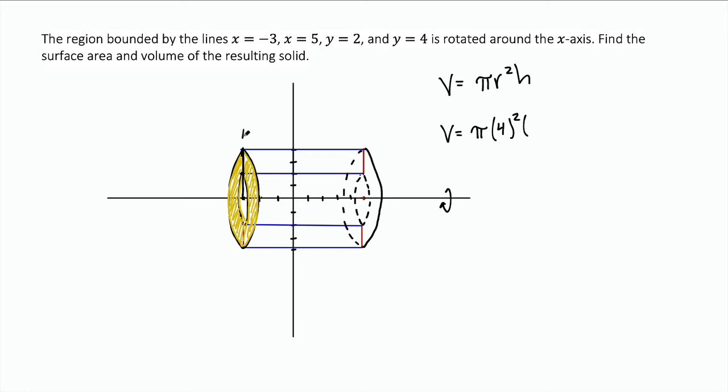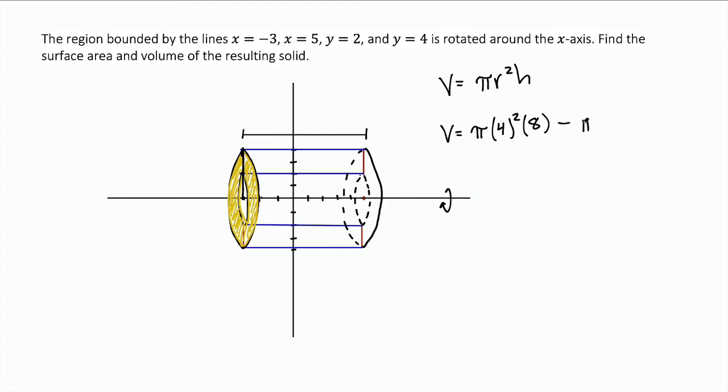The height of this cylinder is the distance between our x values, from -3 to 5. That's a distance of 8. Now that's the volume of the larger cylinder, but we're cutting this middle cylinder out of it. So we have to subtract the volume of this inside cylinder.